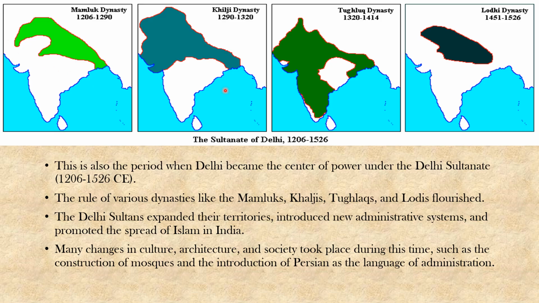So these are some maps during their reign. This was from the slave dynasty. The slave dynasty had control over these areas. The Khalji dynasty controlled these areas. The Tughlaq dynasty ruled over these parts, and the Lodi dynasty ruled over this part.